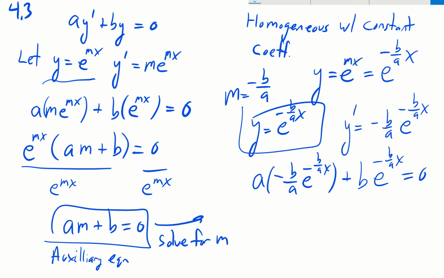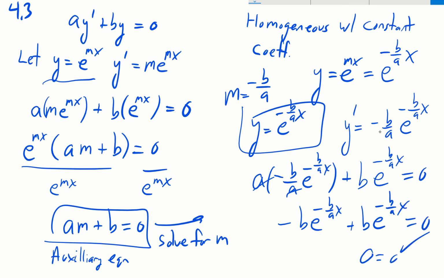This should be equal to 0. Well, the a's cancel, so we get negative b, e to the negative b over a x, plus b, e to the negative b over a x equals 0. And sure enough, it does cancel out, and we do have a solution here.